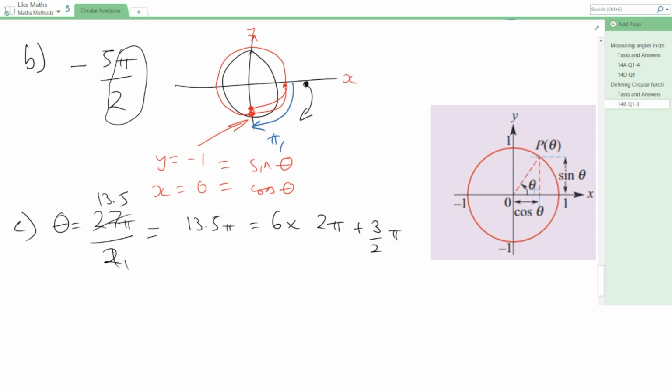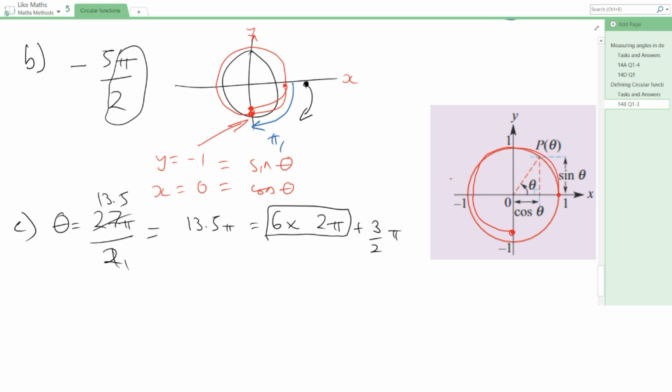The reason we're writing like this is that 2 pi is all the way around, so going around 6 times, you effectively end up back where you started, then go around again 3.5 pi radians, which is half, 1, 1.5, get round to there.